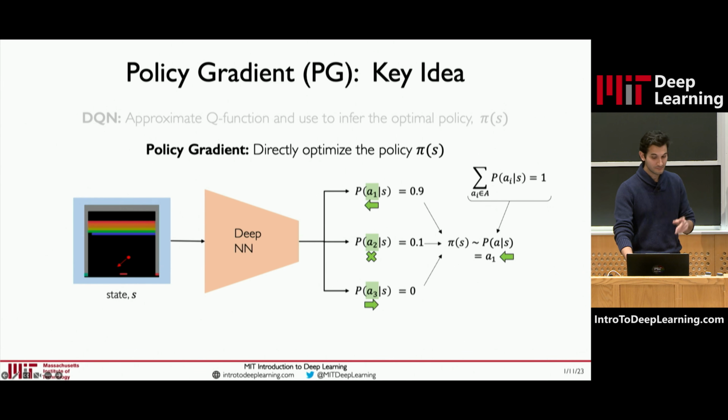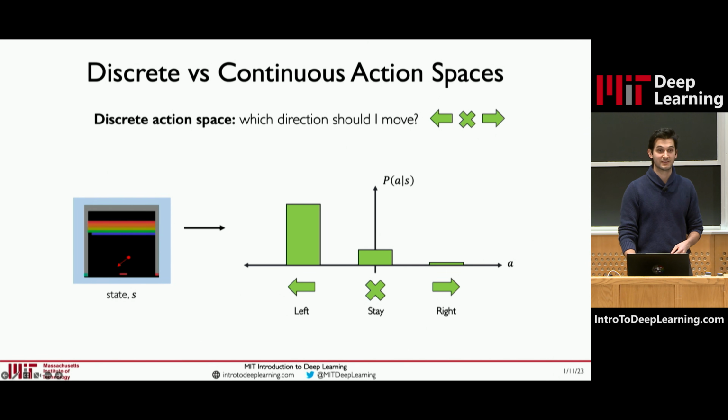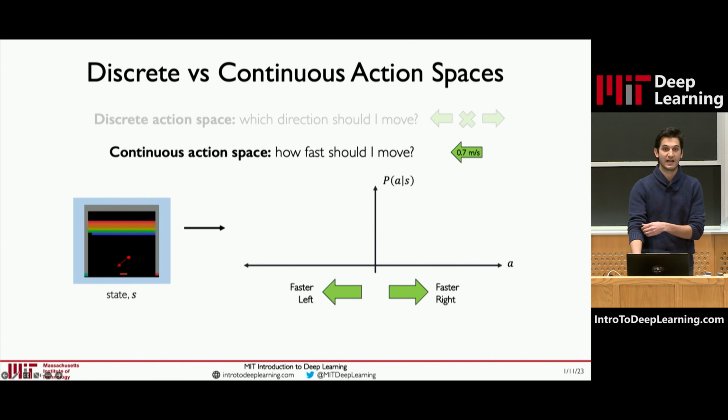And just like that, we could also use this same formulation to move beyond discrete action spaces, like you can see here, which show a probability associated to one possible action in a discrete set of possible actions. Now, we may have a space which is not what action should I take, go left, right, or stay in the center, but rather how quickly should I move and in what direction should I move, right?